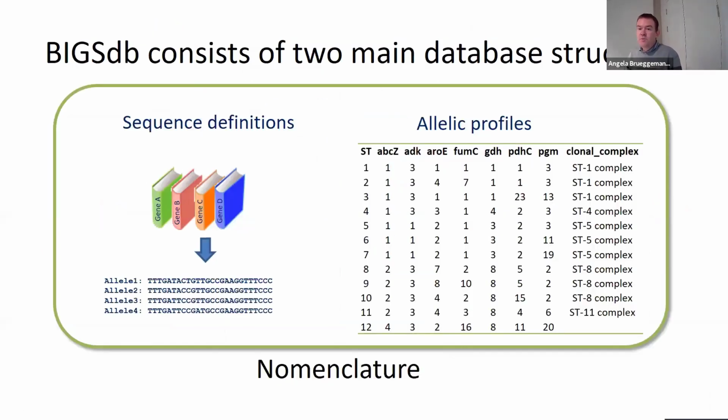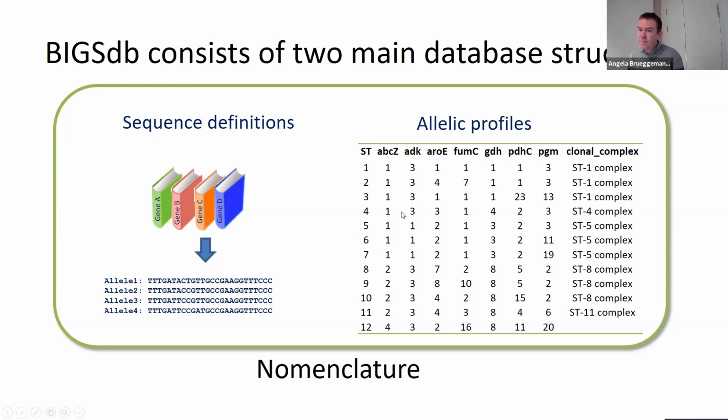So really just to reiterate what data we are storing within the databases, the two main database structures. The first one is typing, your nomenclature. That's everything on the left-hand side of that previous image. So you've got your sequence definitions, and this is literally every known allelic variant of each of those loci. These may just vary by one or two nucleotides within the alleles, but we store the whole sequence.